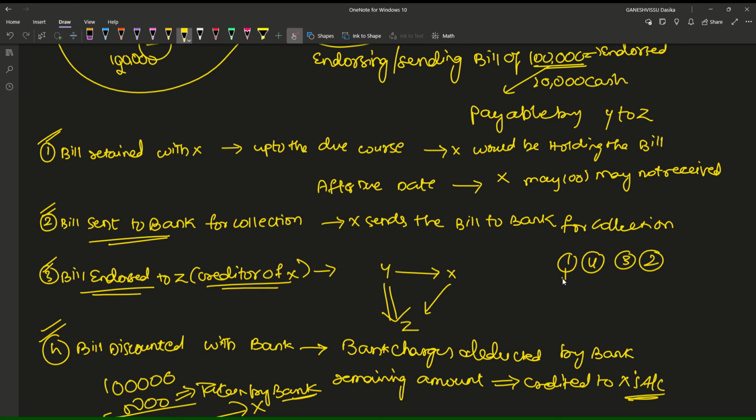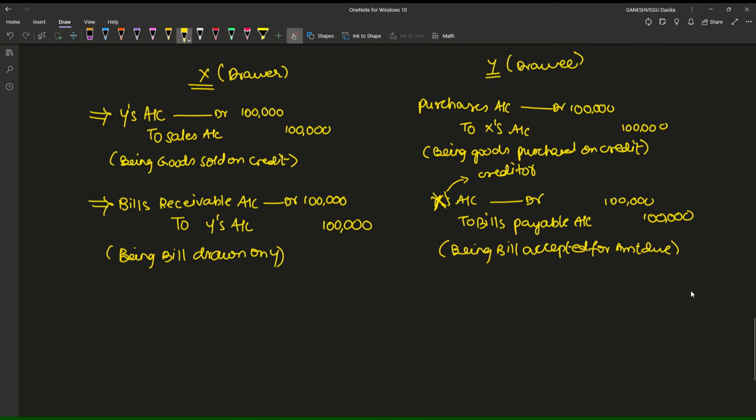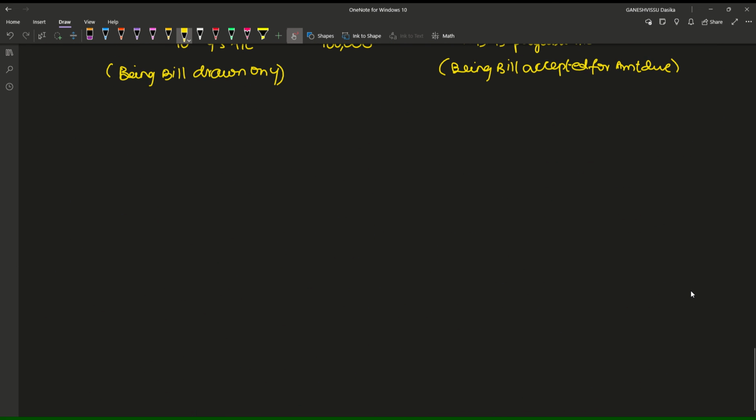That means, firstly, the bill is retained with X, and second, discounted with the bank. Third one is endorsed, and fourth one is collection from bank. In this order, we are going to discuss these journal entries in the next video.